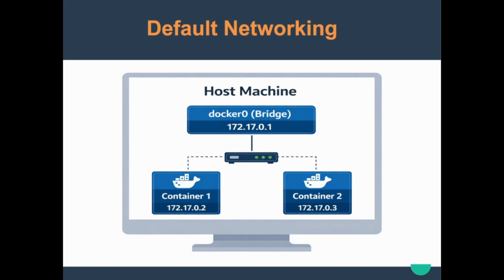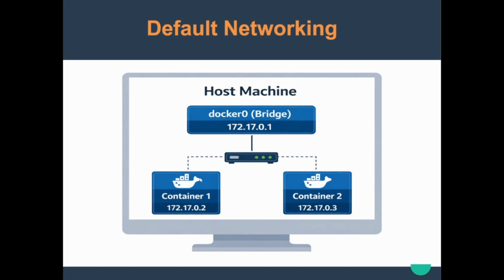If you see here, this is a default network that is created by Docker when we create any container. For example, here we have our host machine and this docker0, which is a bridge interface having the IP 172.17.0.1 that is created in our host machine. When we create a Docker, it gets an IP in the same series, the same subnet, as the host machine.